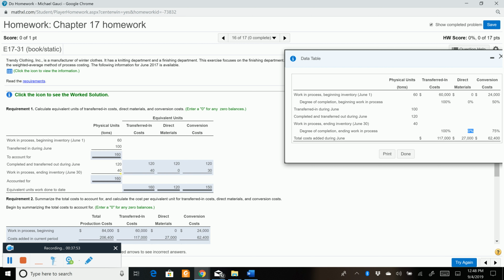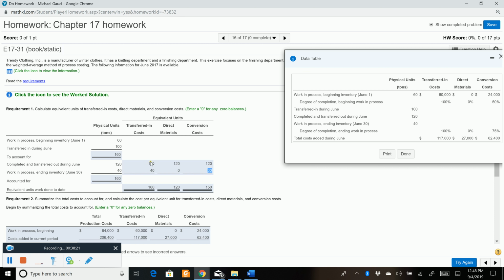And last but not least, our conversion costs are 75% complete for the items on the assembly line at the ending WIP. So we will take our physical units of 40, multiply by 75% to give us our equivalent units for conversion costs of 30.